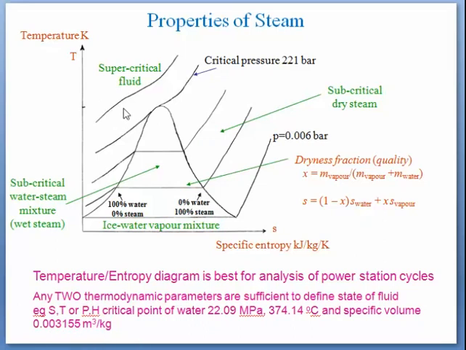So a supercritical fluid is the fluid which has pressure more than this critical pressure. One more thing you can see, beyond critical pressure, suppose we are giving heat, there won't be any significant phase change visible here. This liquid will suddenly flash into vapor without showing this wet zone or mixture phase.